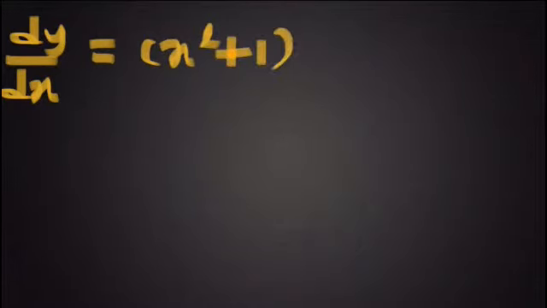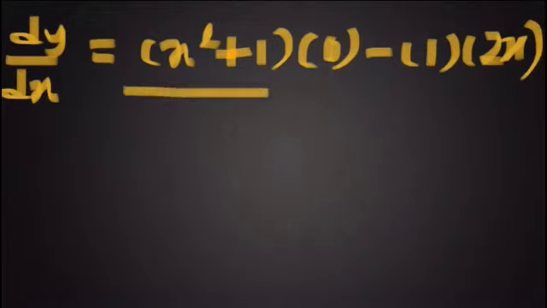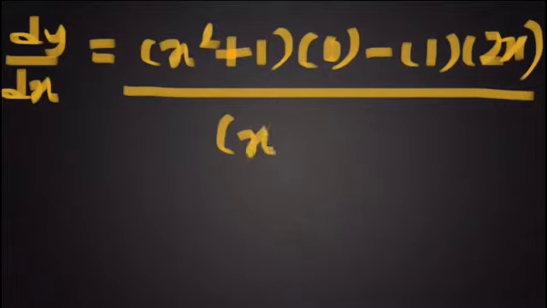So dy/dx equal to x squared plus 1 times 0 minus 1 times 2x, divided by x squared plus 1 squared.